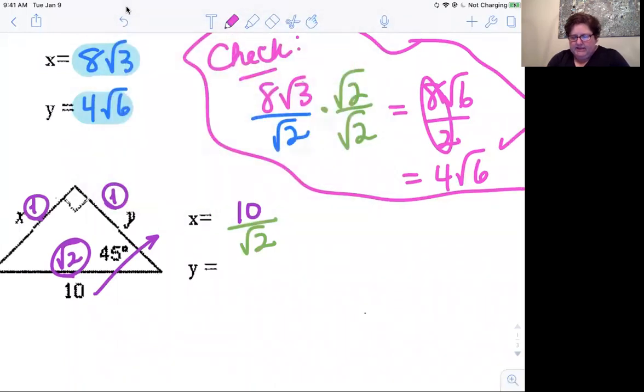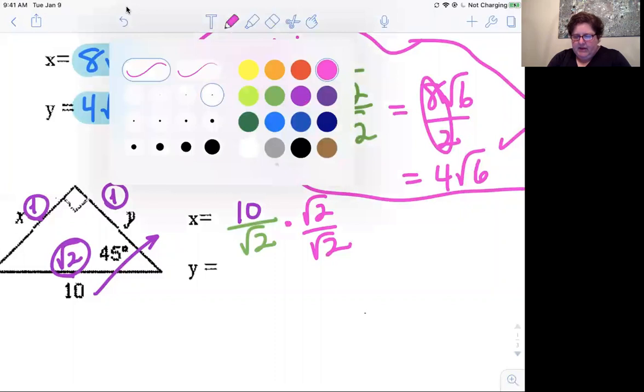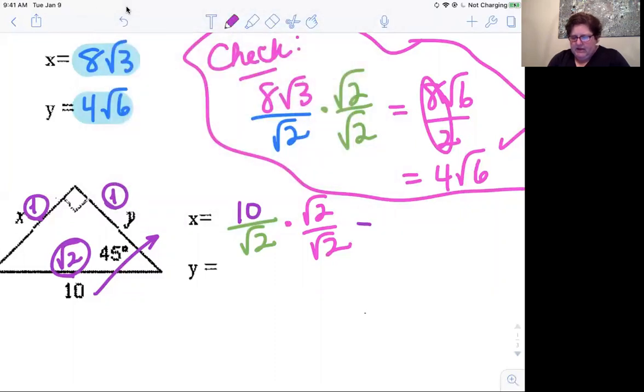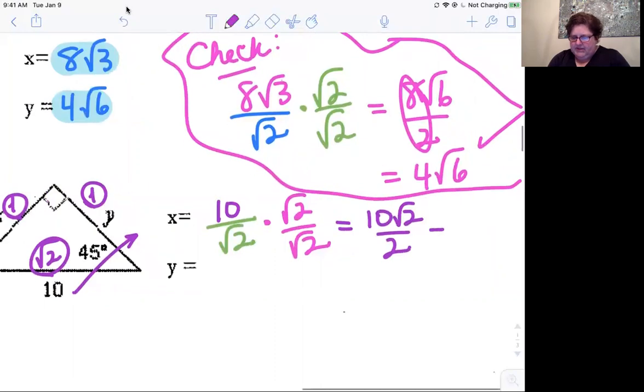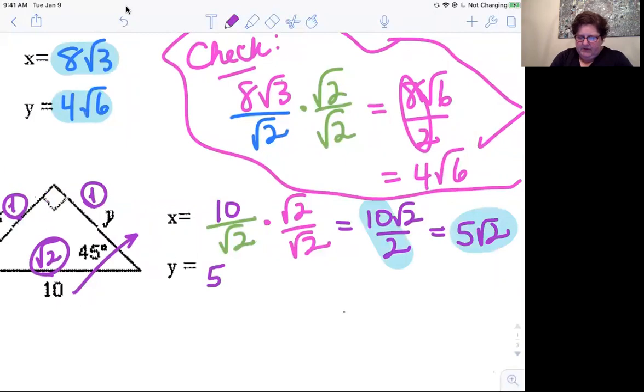And then because that's considered unsimplified, we're going to have to rationalize that. So that becomes 10 root 2 over 2, which is, you can divide those numbers. That divides out and becomes 5 root 2. So it would be 5 root 2, 5 root 2, and 10 are your side lengths.